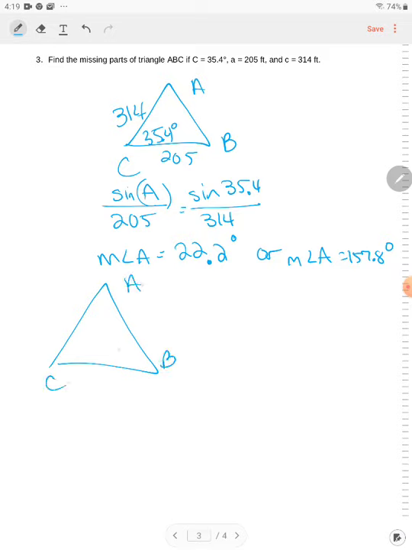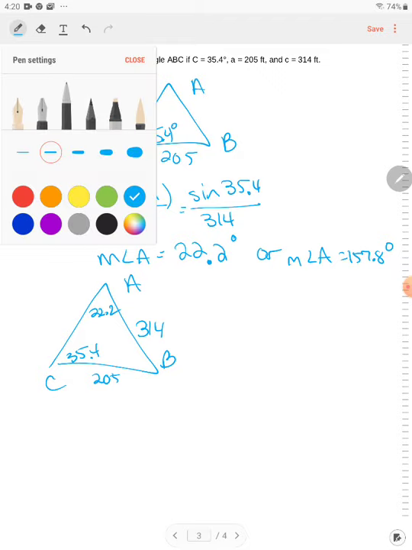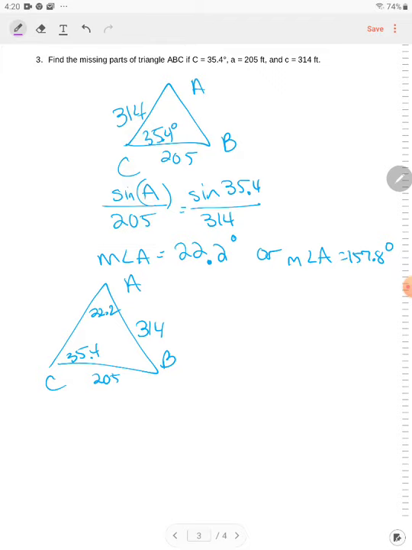So we have A is 22.2, C is 35.4, a is 205, b is 314. Okay, so that's given. Let's solve for angle B. Let's see if we get a triangle here. We probably will. B is 122.4 degrees.